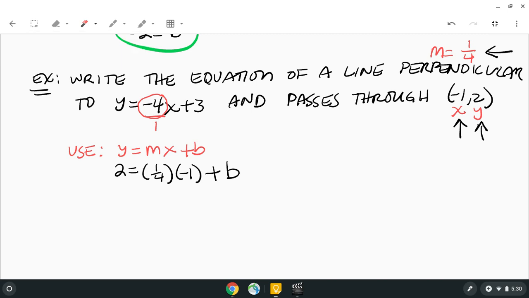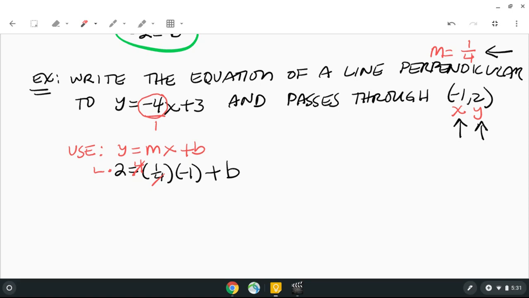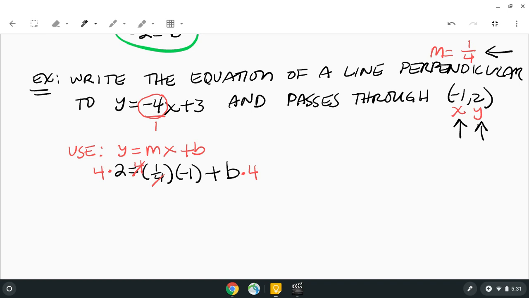Okay, so here we have a fraction, but don't be afraid. If you don't want to deal with that fraction, you can clear your fraction by multiplying by 4. If you multiply by 4, then it cancels out your fraction. But if you multiply that by 4, you need to multiply everything by 4, including the b over here. Okay? All right, so we get 4 times 2 is 8.